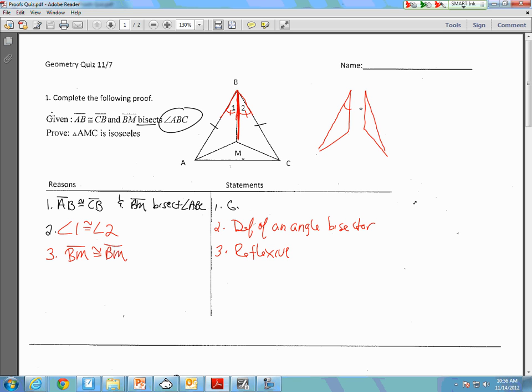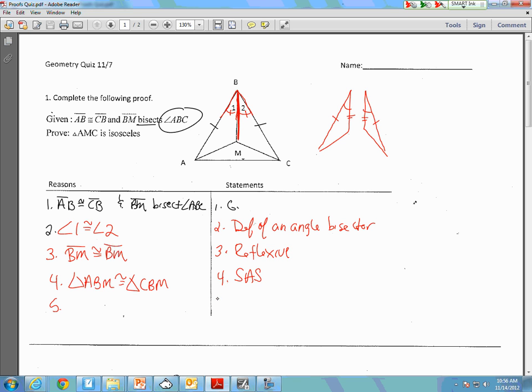You've got angle 1 and angle 2 congruent, that segment congruent to that segment, and now this segment congruent to that segment. So now you've got side angle side. So those two triangles are congruent. I'm going to name them triangle ABM is congruent to triangle CBM by side angle side.